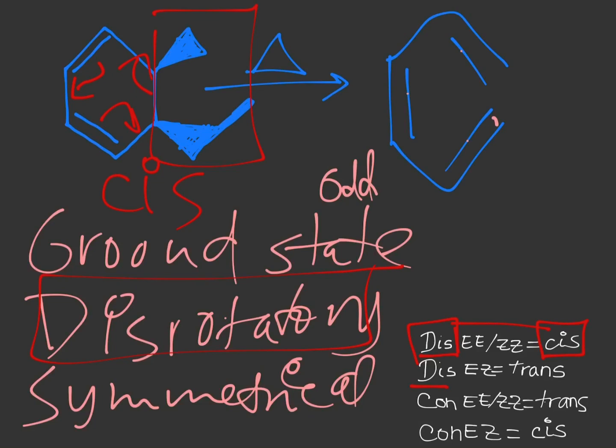So the only one that gives us this would be an EE or ZZ. And in this case, we have this and this. We have an E and another E. Well guys, I hope this video has been helpful to you and that this table works well when you do the exercises, and I wish you luck guys.